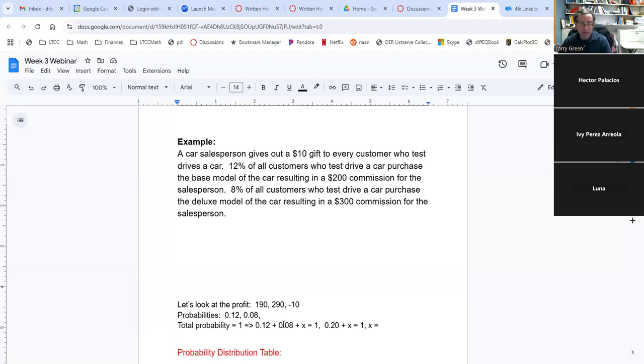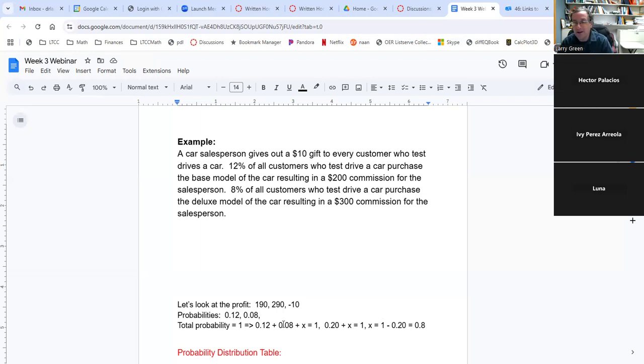So we can subtract 0.20 from both sides, and we get x equals 1 minus 0.20. And 1 minus 0.20 is 0.80, or 0.8 if you want.